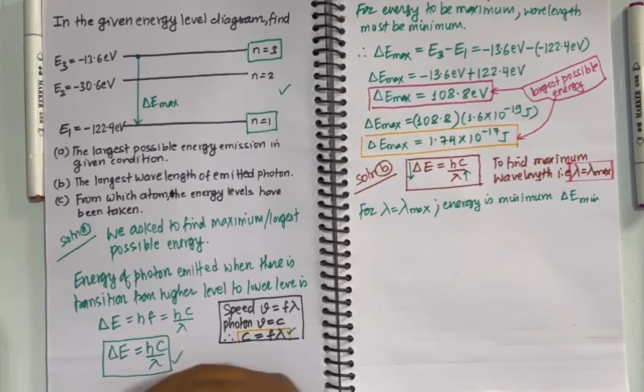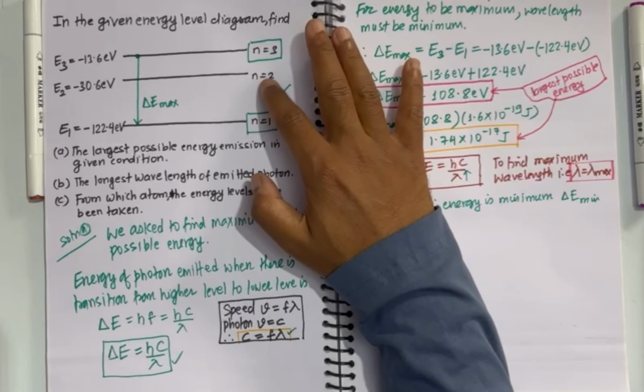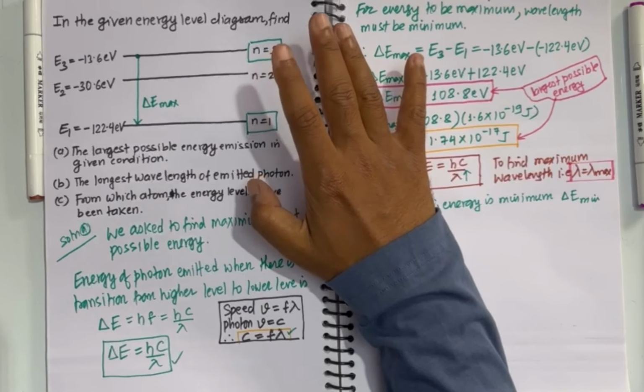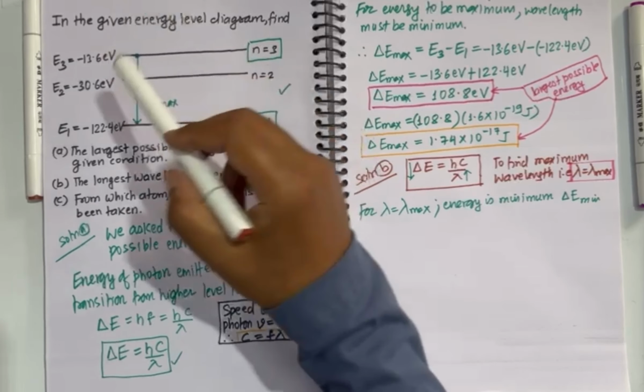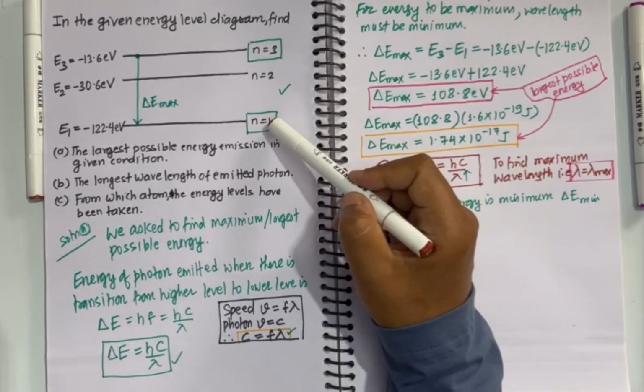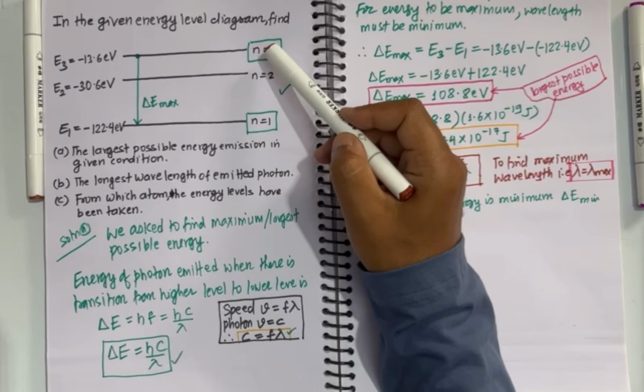Now when we look into this energy level diagram, the minimum energy corresponds to, we can see we have energy for n equals 1, n equals 2, n equals 3.